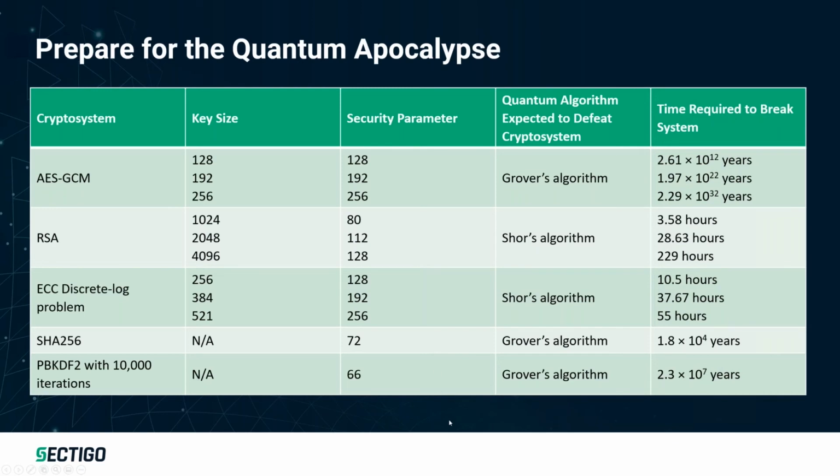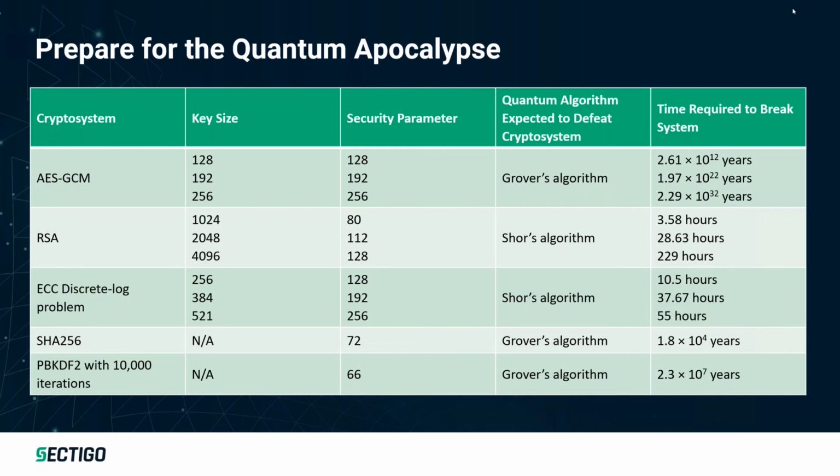And as it happens, two of those are the encryption algorithms that govern 100% of encryption that's done through SSL certificates. So there's this thing called Shor's algorithm, and Shor's algorithm basically shows how a quantum computer can do things much, much, much faster than it used to be. And so this table is from NIST, right?